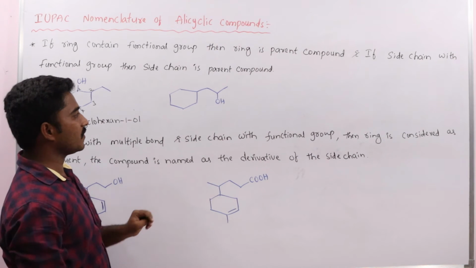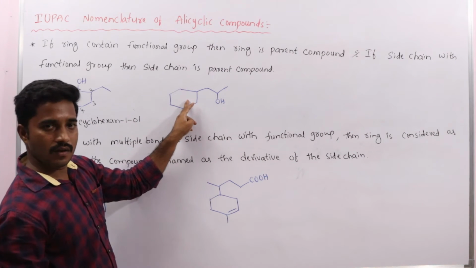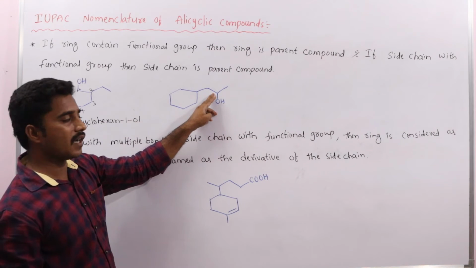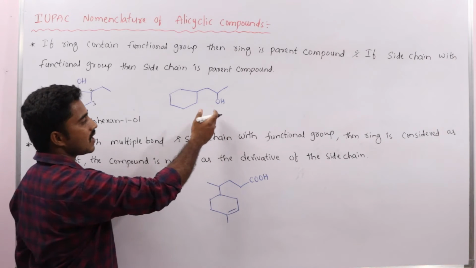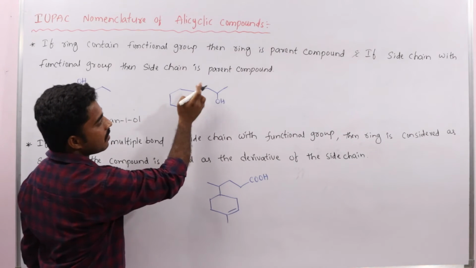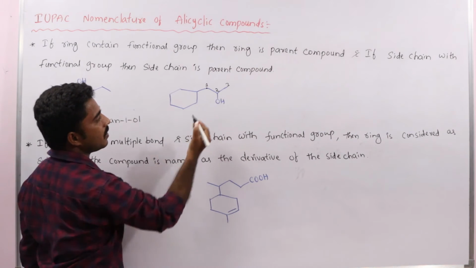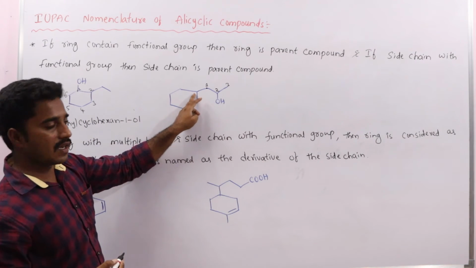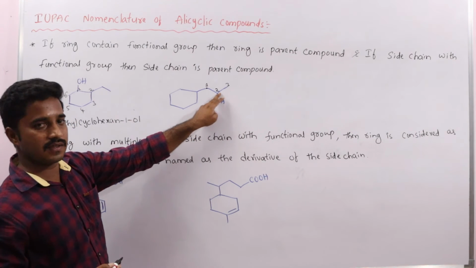And come to here, side chain with functional group, ring without functional group. That's why the side chain we select as the parent compound and the ring as a substituent. From where should we start the numbering? From this carbon or this carbon? Definitely from this carbon we should start the numbering 1, 2, 3 because here the substituent should get the least number and the functional group containing carbon also should get the least number.